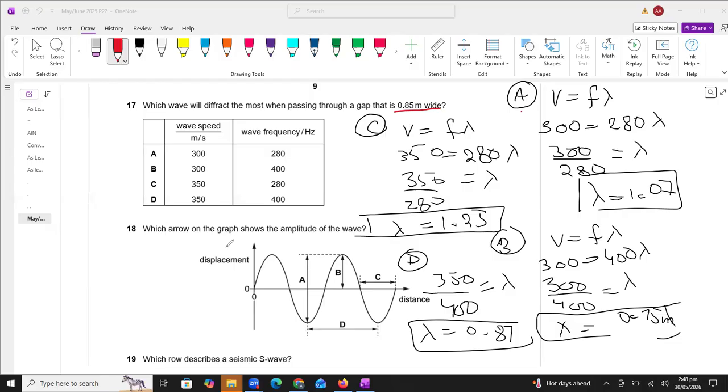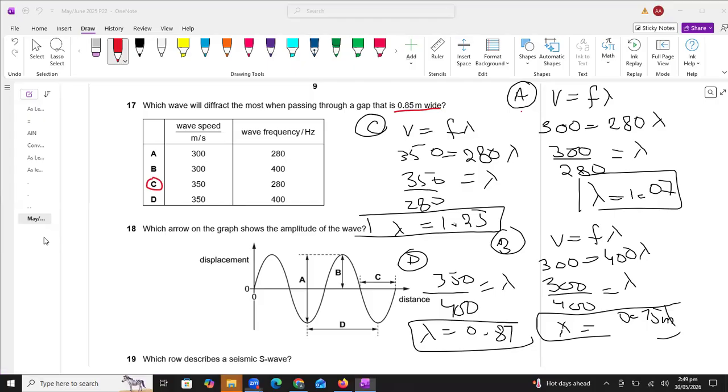Greatest wavelength means greatest diffraction. So C is the correct answer. If the wavelength is greatest, it will give us the most diffraction, and if the wavelength is smaller, it will give us less diffraction. So that's why C is the correct answer.